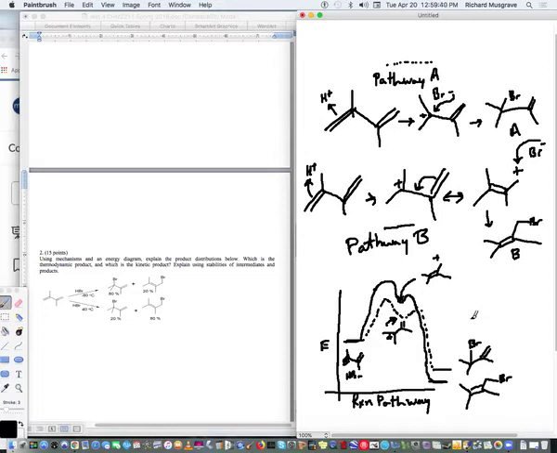All right, then we need to get into the explanation as to why these go the way they do. And it's asking for the thermodynamic and kinetic product. Now, the thermodynamic product is this one. And this is because this is a more substituted double bond.